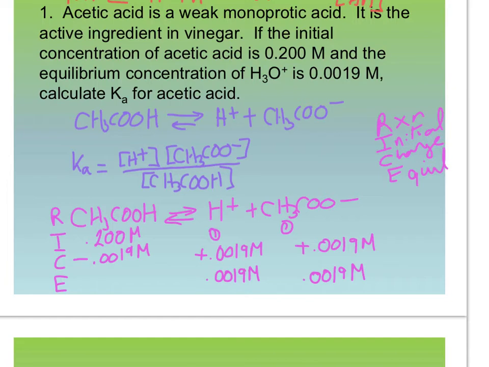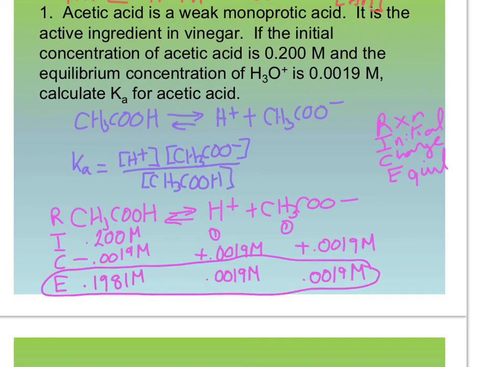For this one, I started out as 0.2 molar, and I used up 0.0019 molar, and so at the end, I end up with 0.1981 molar.